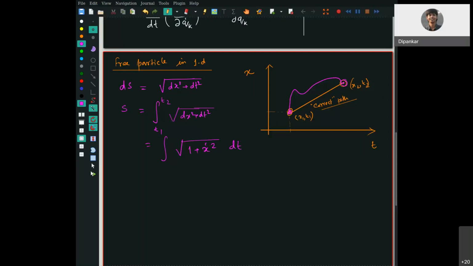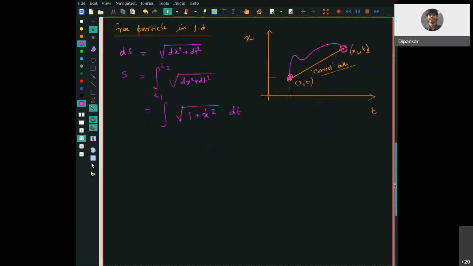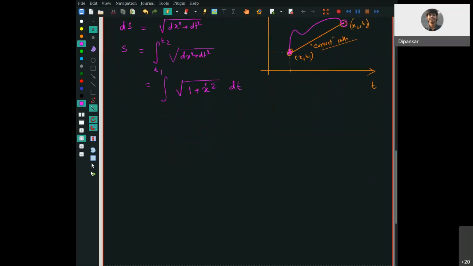So you see this can be converted into a minimization problem. This is the same form as S equals the integral of L dt, but we can simplify things further and make our life even simpler. Minimizing the distance itself and minimizing the square of the distance are the same thing, so this square root seems like a burden.